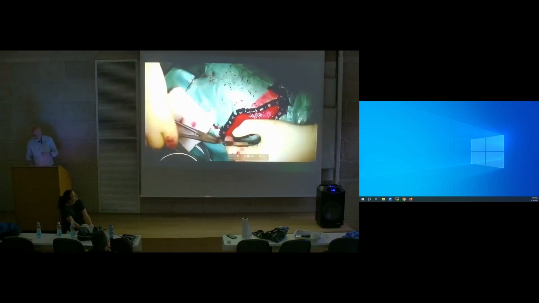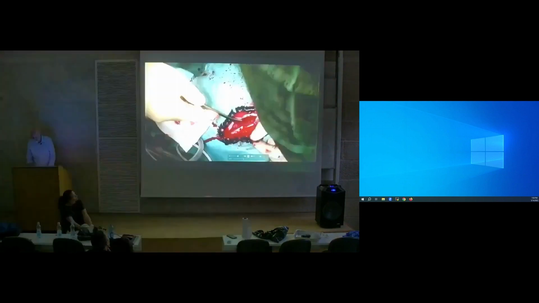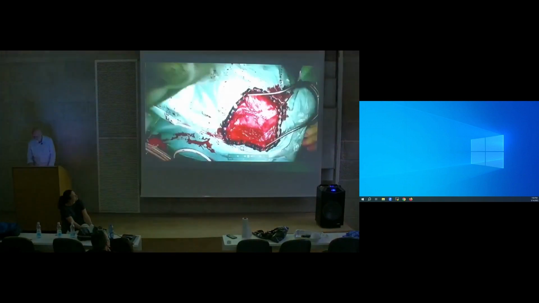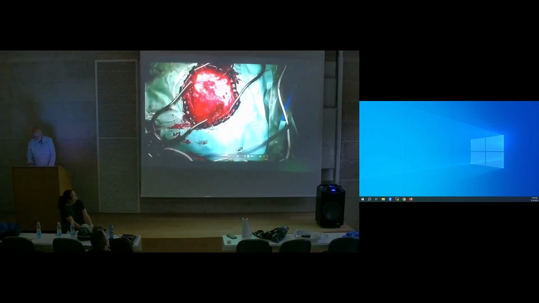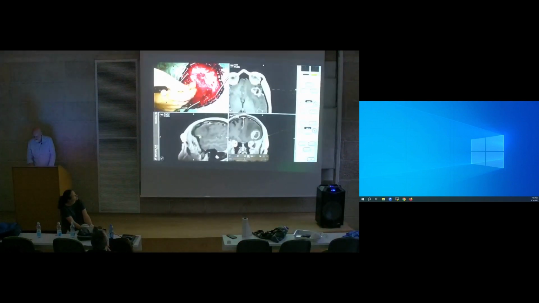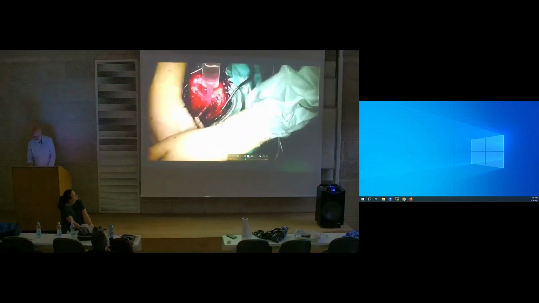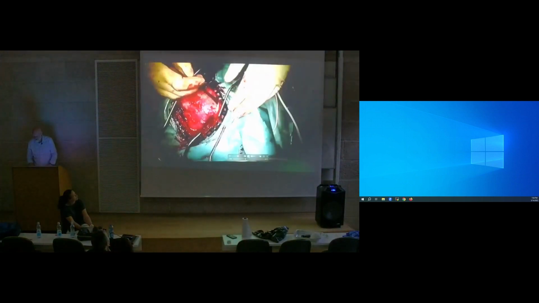Okay, here we touch the Pterion again to know where we are. We split the muscle, and then again orientation to the Pterion. We are right, navigation. Then we use a drill.